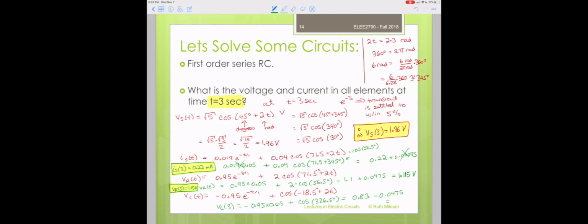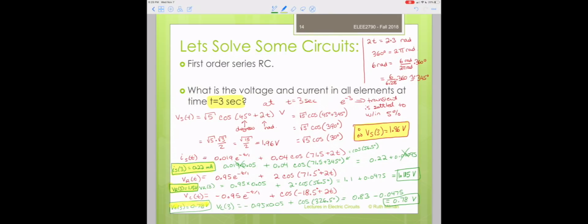If we take 0.83 minus 0.0475, let's clear our memory in the calculator, that is equal to 0.78 volts. Therefore, the voltage in the capacitor at time 3 is equal to 0.78 volts.